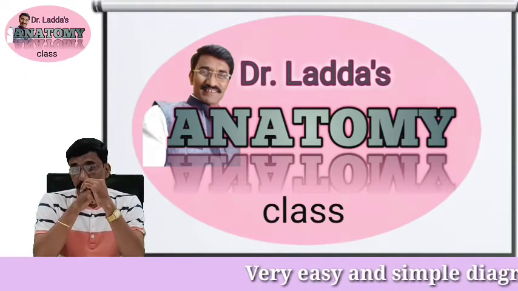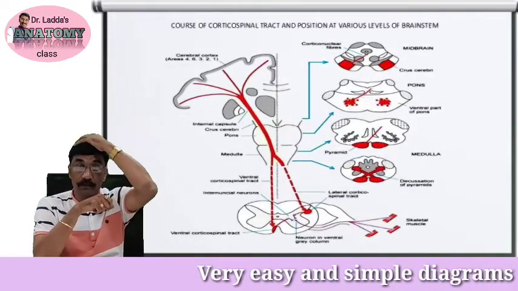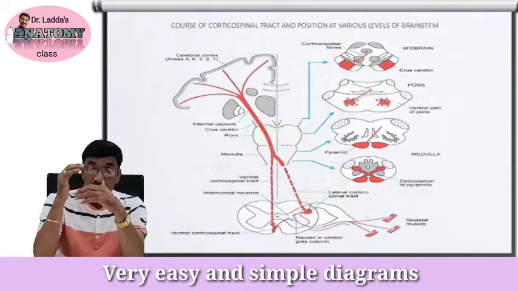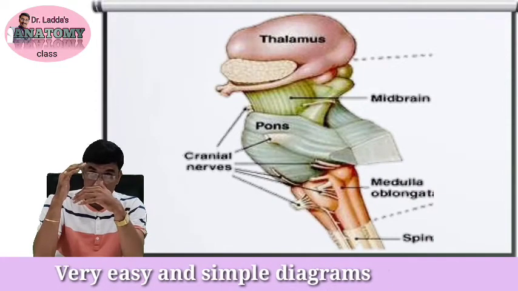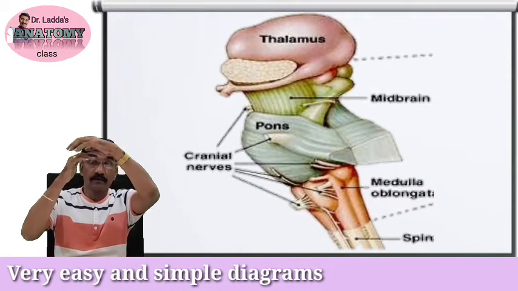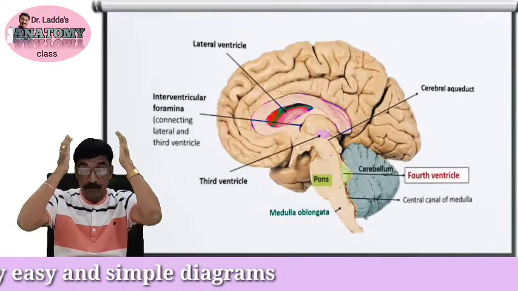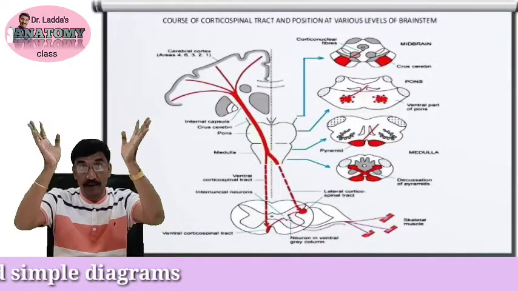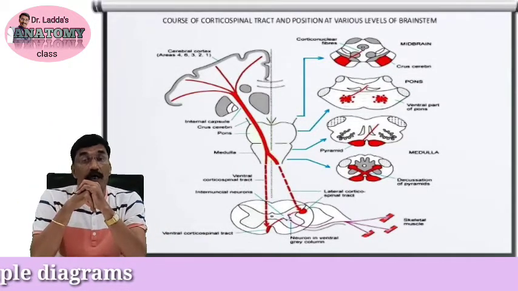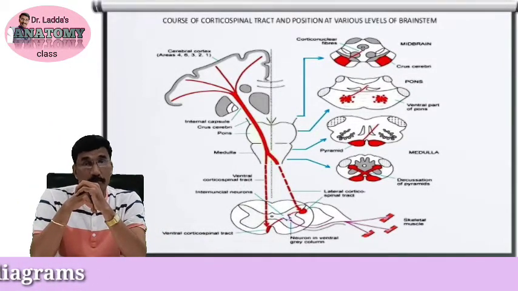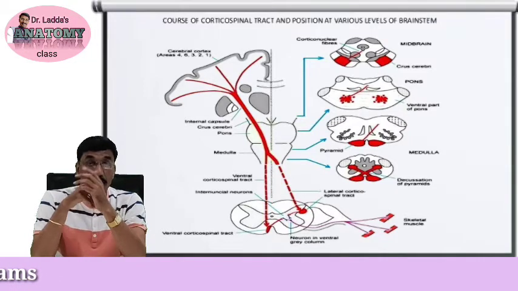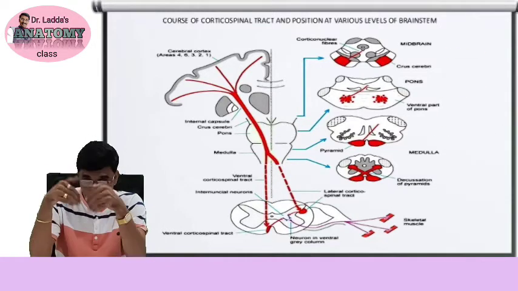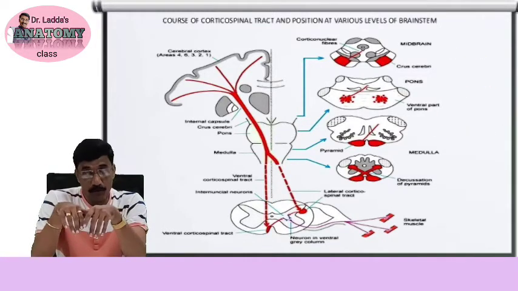One more thing: the fibers which take origin from the cerebrum. The midbrain, a part of the brainstem, is just below the cerebrum, the big brain. So the fibers which take origin from the cerebrum are supposed to pass through the brainstem, which consists of three parts: midbrain, pons and medulla oblongata.